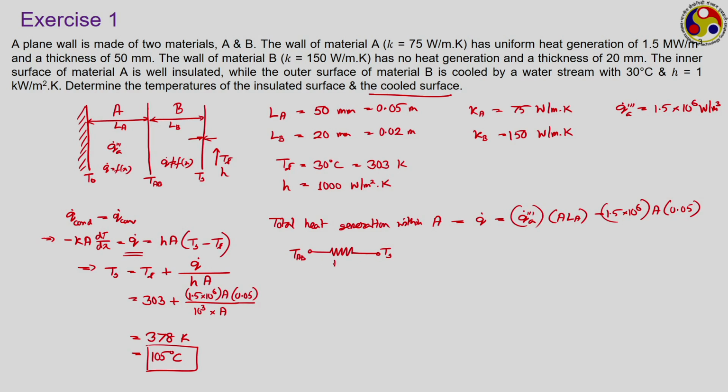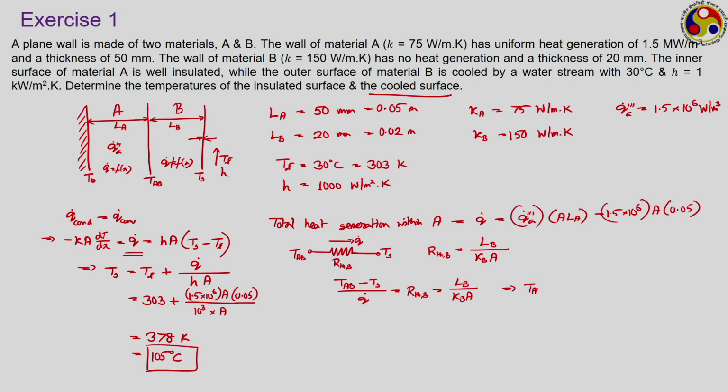R thermal for layer B is equal to LB by thermal conductivity of layer B into A, and it has that Q dot going through it, and therefore we can write that TAB minus Ts divided by Q dot is equal to R thermal B, which is equal to LB upon KB into area.